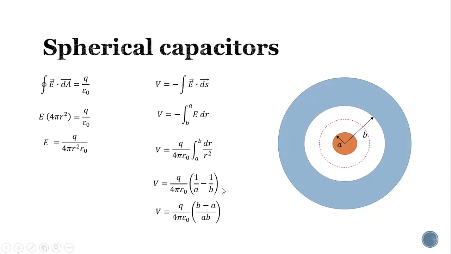So that's how I get that. What I've done is add these two fractions by finding the common denominator a times b. So we get b over a times b, and a over a times b. And if we do q over v, we get that relationship there. So again, really what it's related to is just how big the two spheres are, and that's it.